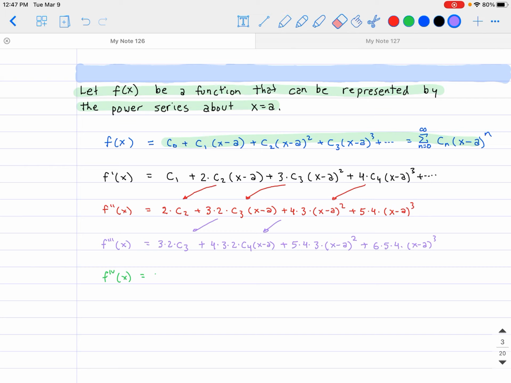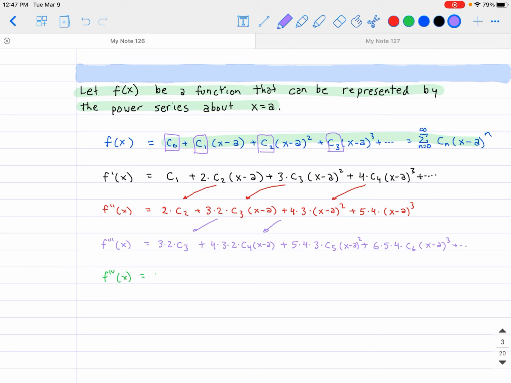And then the one afterwards is going to have a c5, so multiplied by c5, and then we have x minus a squared. And then the one after that is going to be c6, multiplied by x minus a cubed. So remember, the objective here is to solve for these coefficients in front: c0, c1, c2, c3, c4, and so on and so on.